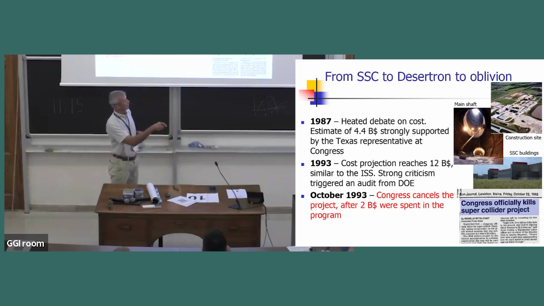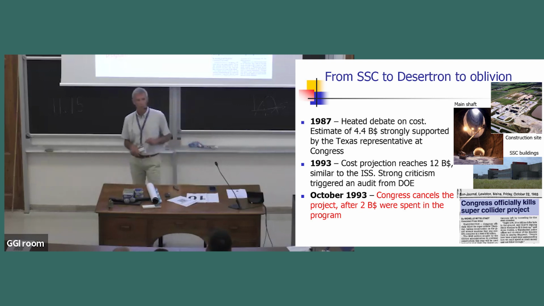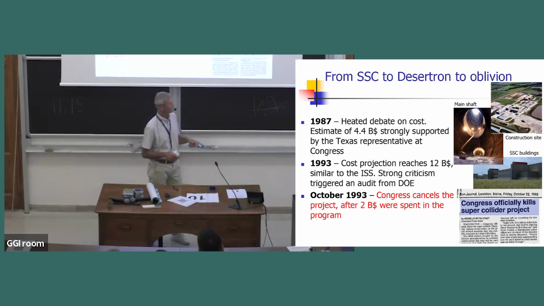That made the cost, initially estimated at short of $5 billion in 1993, end up climbing to $12 billion. So of course, the Congress got very critical about that. And in 1993, the Congress canceled the SSC after about $2 billion were spent, mostly on the tunnel.